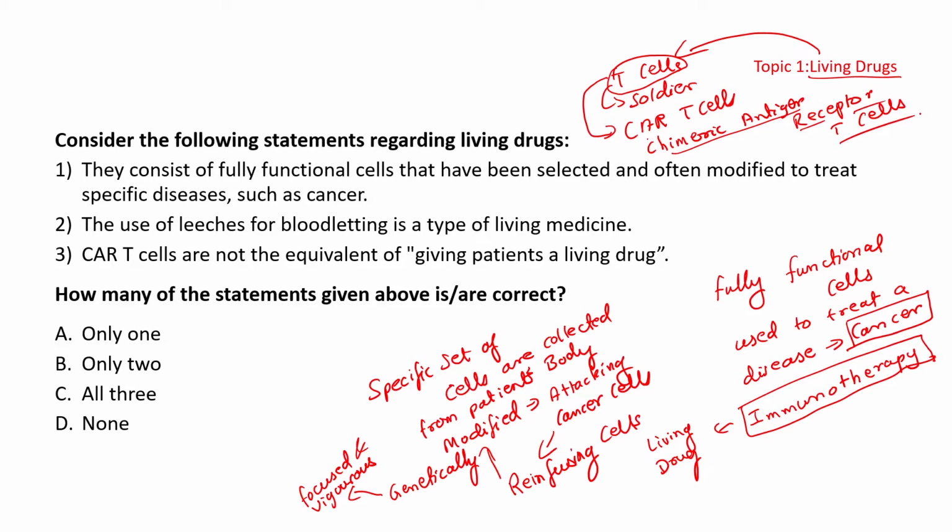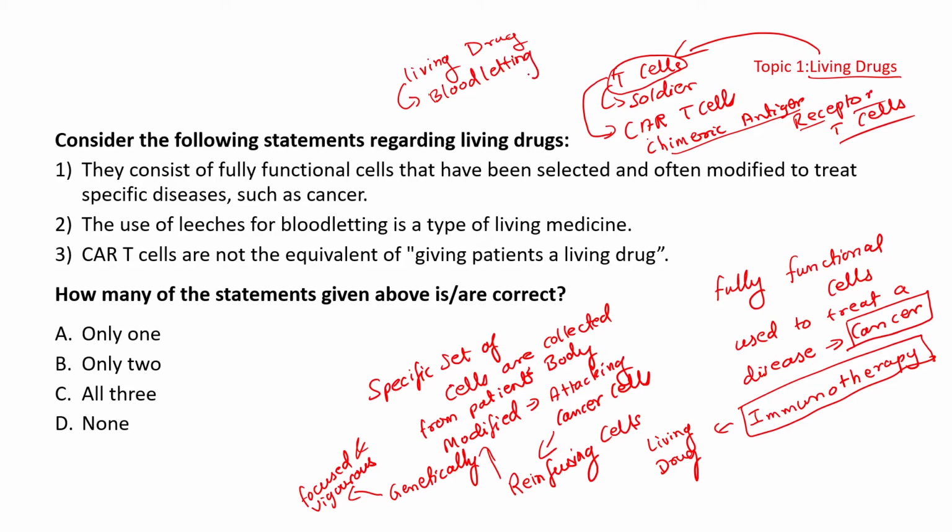One more thing, guys, I'd like to tell you, and that is that living drugs are not something new. Using living organisms, living cells for the purpose of treatment is not something new. For example, the oldest method with which living drugs were used was in bloodletting. What is bloodletting?